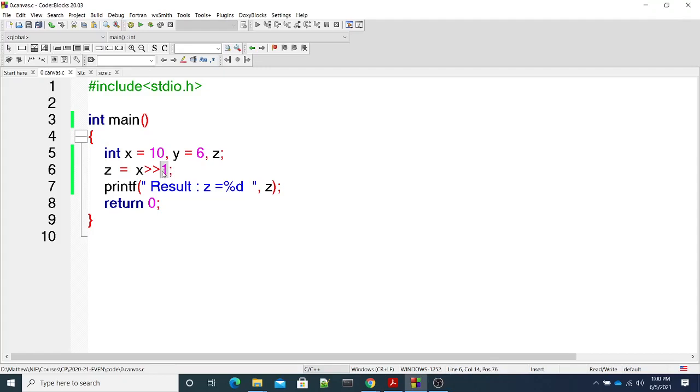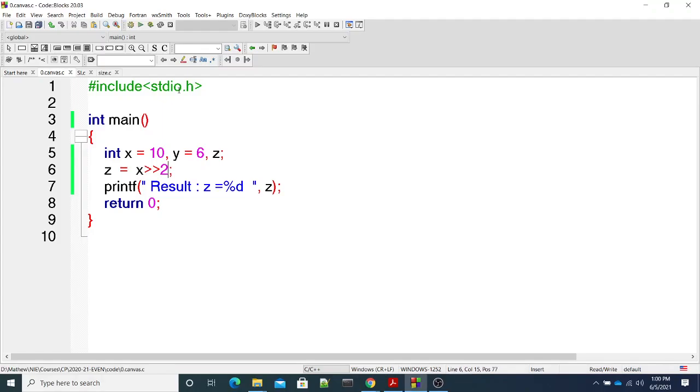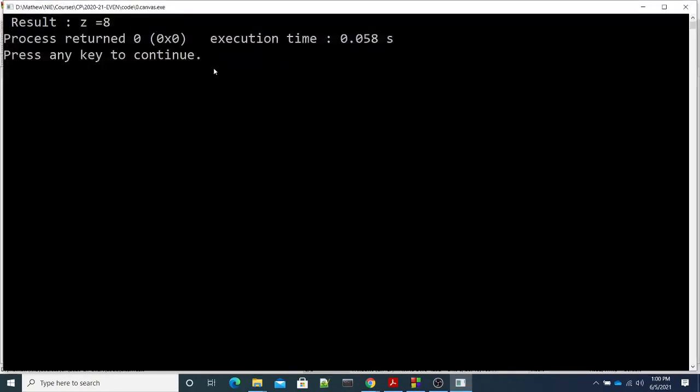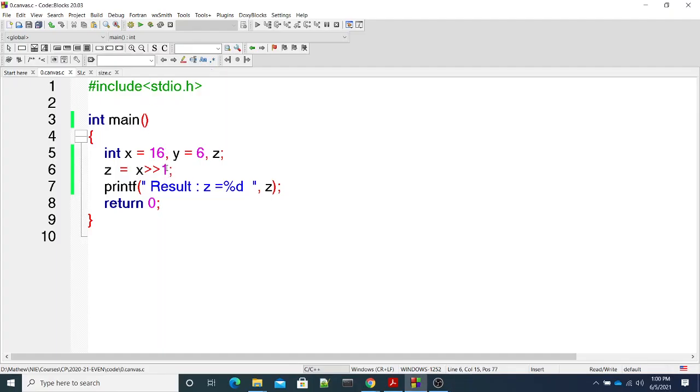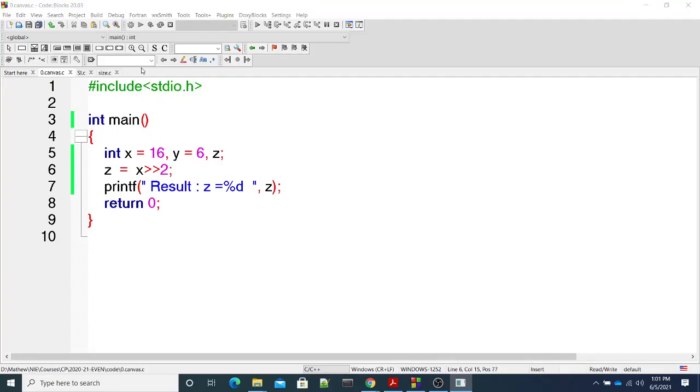Shift towards right by 2 positions, I get 2. Or I'll take another number, 16. Shift towards right by 1 position, I get 8. Shift towards right by 2 positions, I get 4. So 16, 8, 4.